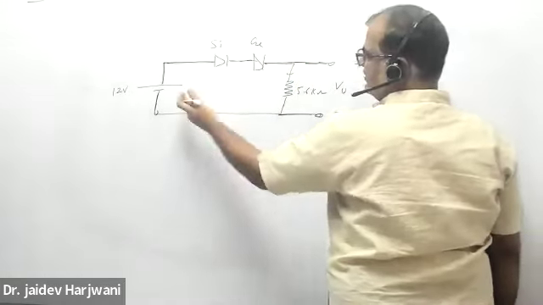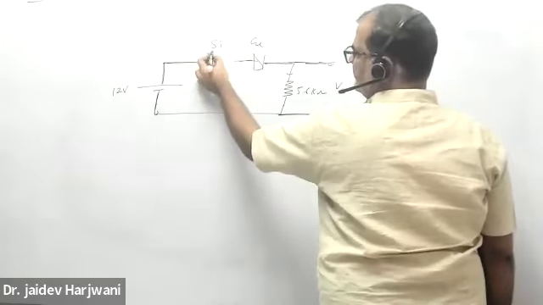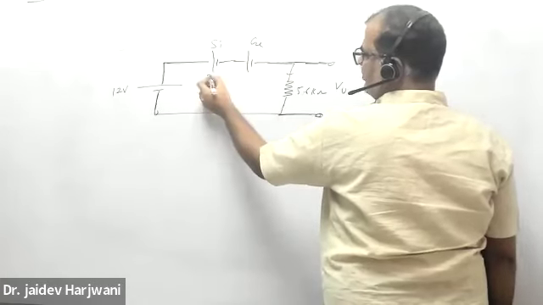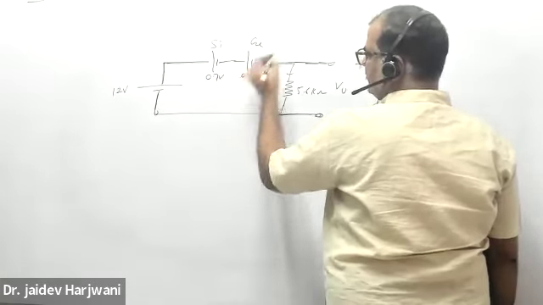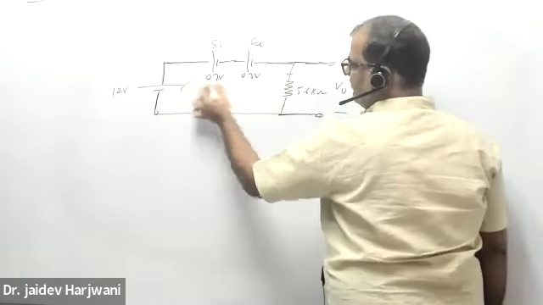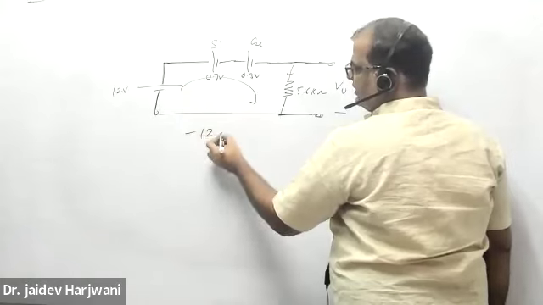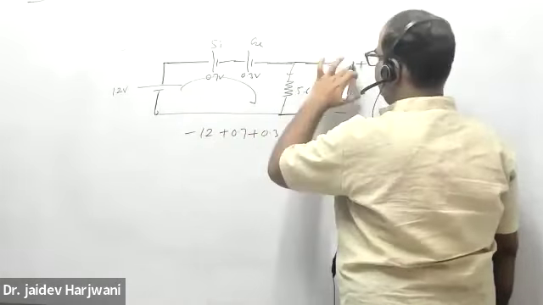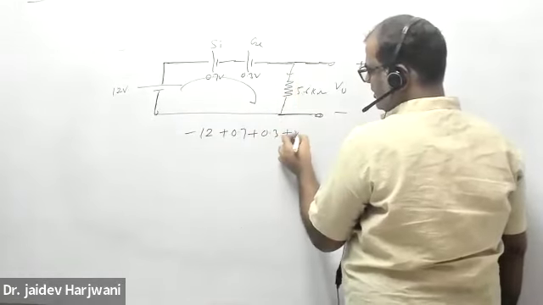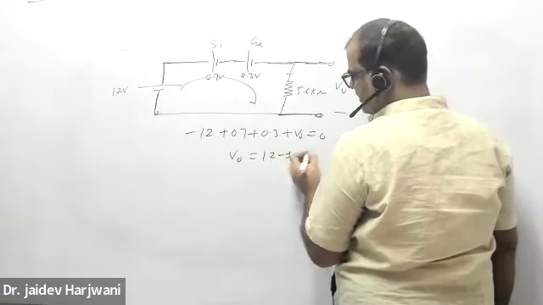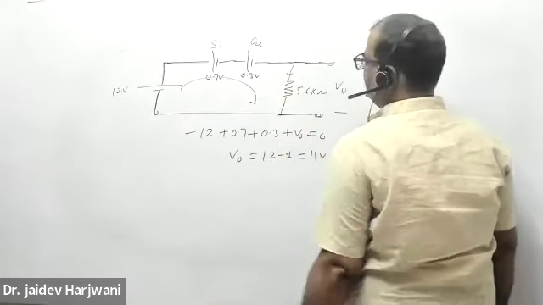So obviously both are forward bias, so I can replace them by batteries. This is 0.7 volt. This is 0.3 volt. If we apply KVL here: minus 12 plus 0.7 plus 0.3 plus V naught equals 0. So V naught will be 12 minus 1 volt, that is 11 volt.